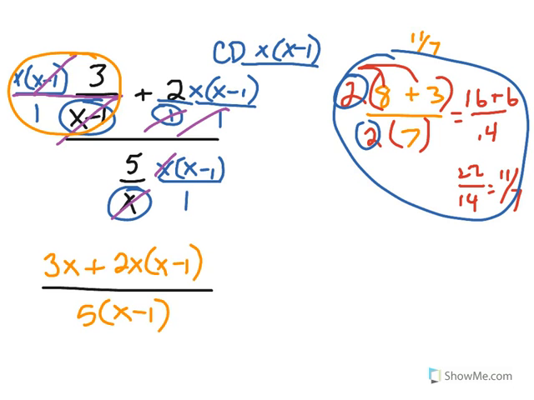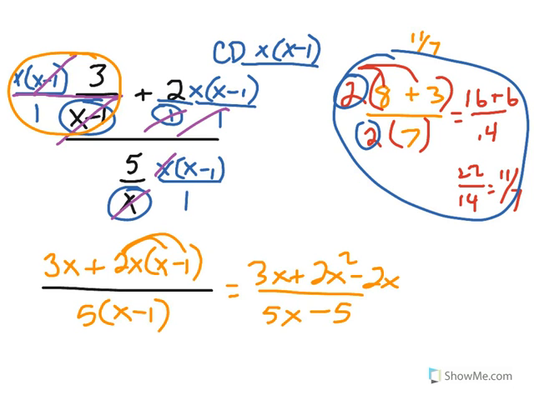Now, I know that doesn't look great, but at least it doesn't have a bunch of little fractions within a bigger fraction. So now if we just try and clean this up as best we can, and you never know, sometimes these things just don't clean up that well altogether, I've got 3x, and if I distribute this, I've got 2x squared minus 2x. And on the bottom, I have 5x minus 5.